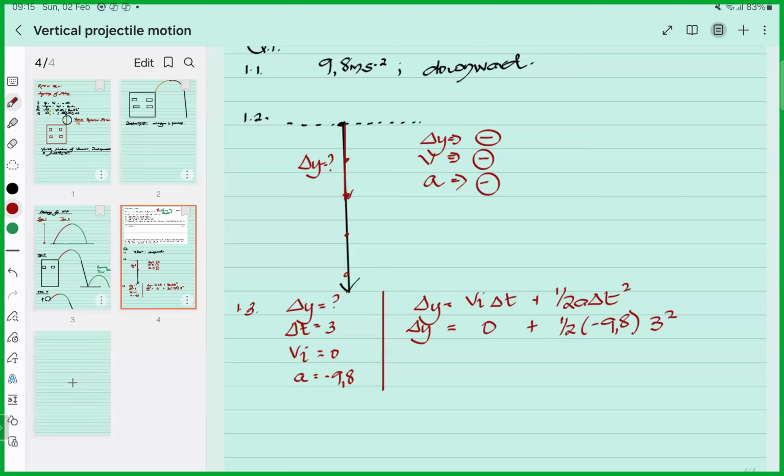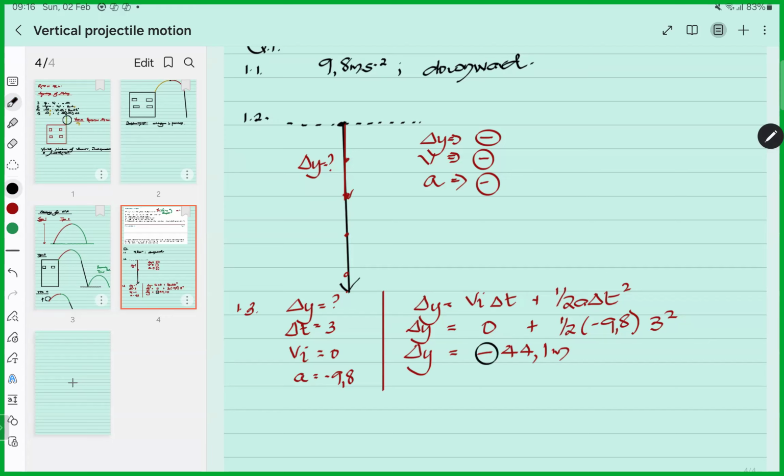Answer, please. I think that's 44.1. Yeah, 44.1. So the answer here is negative 44.1. I want to explain the meaning of the negative. That negative is your direction.